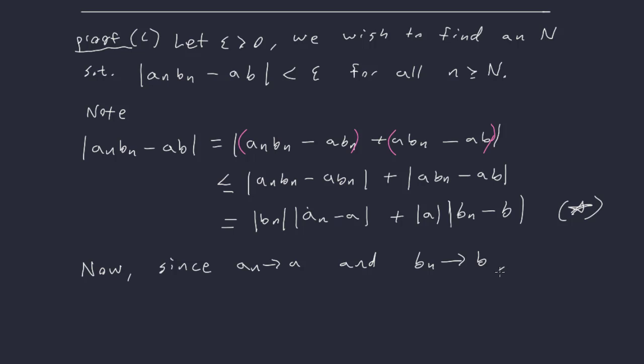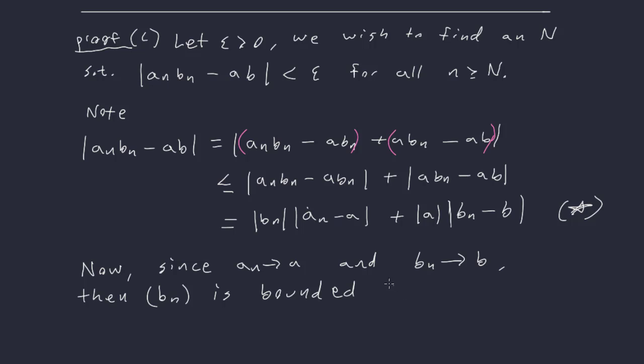Okay, for example, there exists an n1 such that the absolute value of an minus a, actually let me do this first. Since an converges to a and bn converges to b, well, since bn converges, then the sequence bn is bounded.